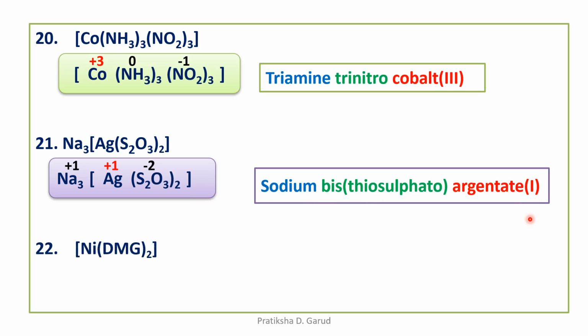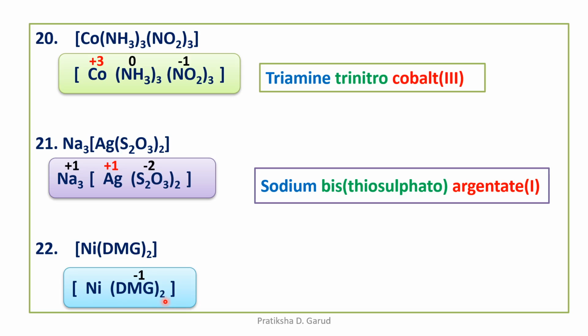Let's take the next example, Ni(DMG)2. In this Ni(DMG)2, nickel is the central metal atom, DMG is the polydentate ligand. Its charge is -1 because it is a negative ligand.